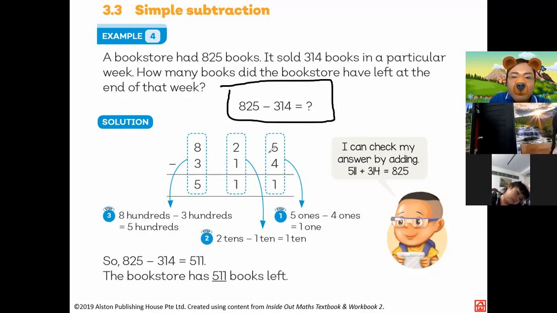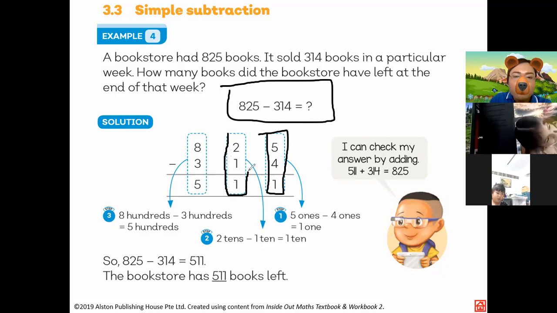So 5 minus 4, that's 1, okay? So we will subtract the number in one's place. So 5 minus 4, that's 1. And then let's subtract the numbers in tens place.